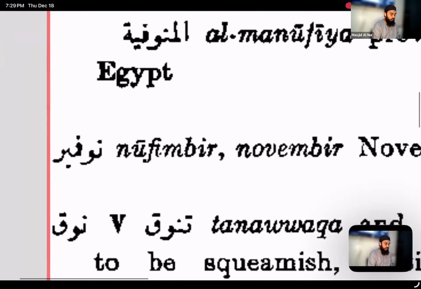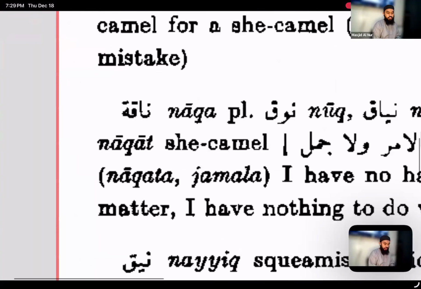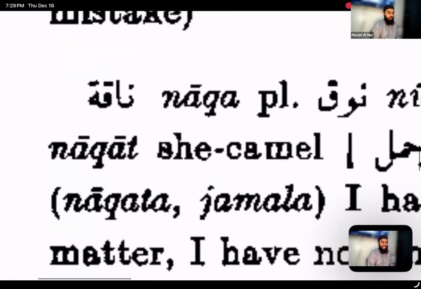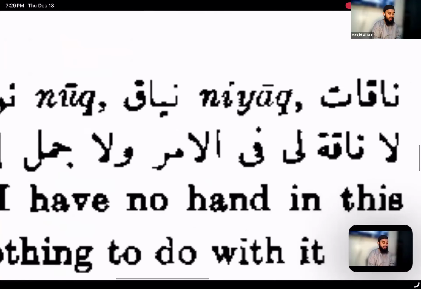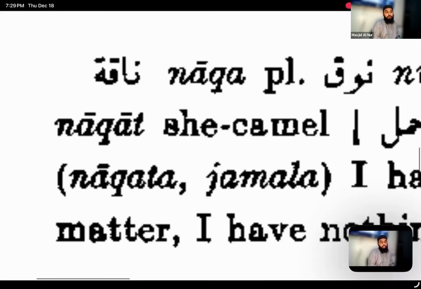Before that is na, wa, fa. It goes in the Arabic order. What's after fa? Qaf in Arabic, right? Fa, qaf, kaf. So nuq, as you can see right here. We're not looking for nuq. We're looking for the word naqa, and it's written right there. Naqa: nuq, niyaq, naqa. That's exactly what you guys said. Nuq, niyaq, naqa, she-camel.